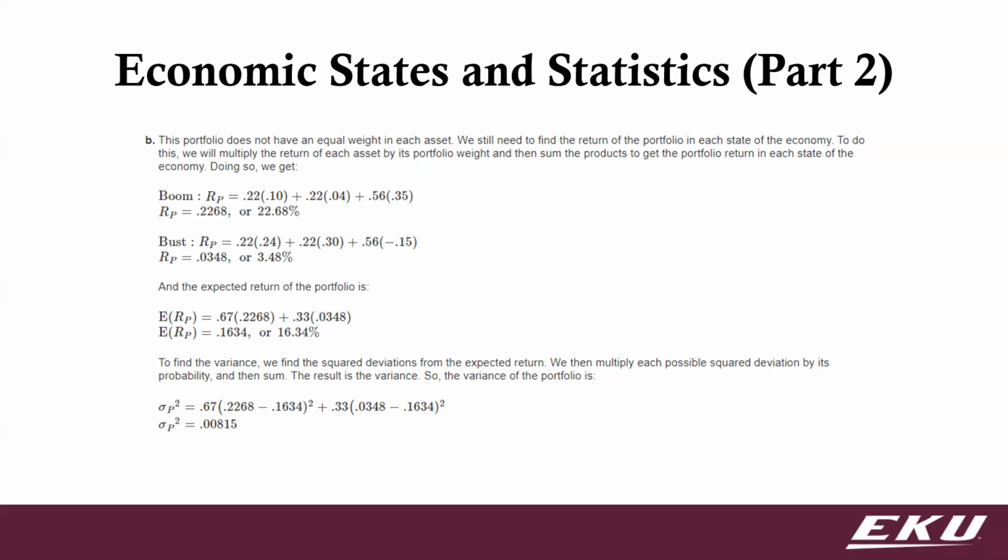And then you square those differences. Before, when we calculated variance, we would just add them up and divide by n-1. It's a little different this time because it's not equal weights. Before, we were calculating it with everything being equal. Now we're saying there are different probabilities in different states. And so we actually weight that by those probabilities, and that is going to give us the variance of that portfolio.